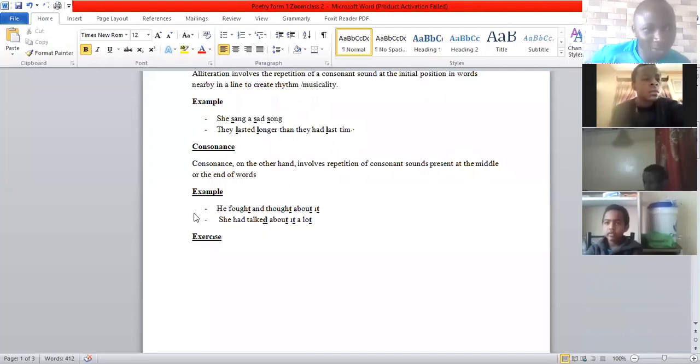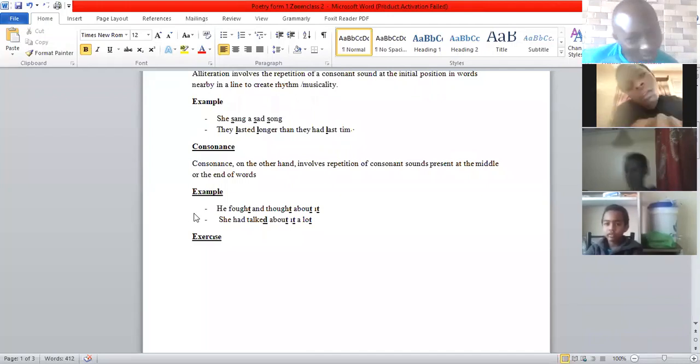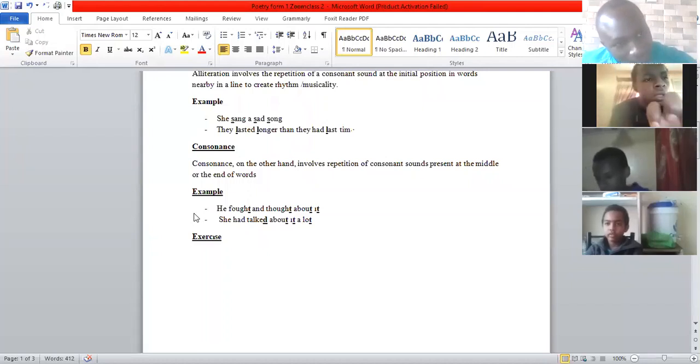Gordon Pacho, in your example, the first one, yes, there is OU in thought, and in about there's OU in the middle. In the first two, fought and thought, the sound produced is a long O. But in the word about, the sound produced by OU is different, "ow".